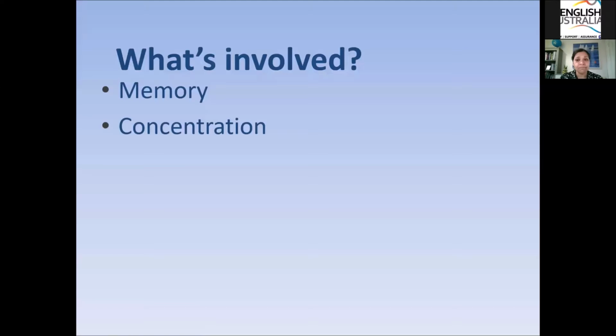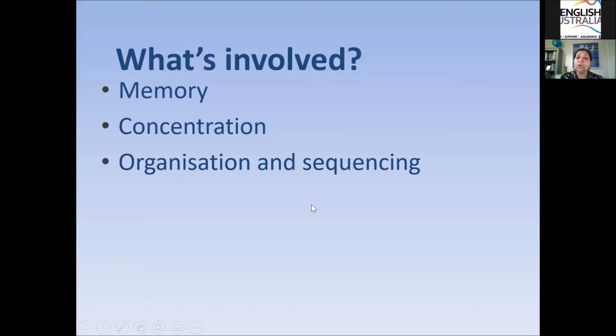Concentration, remembering how the word sounds, yep. Looking for patterns, using the meaning of the sentence. Wonderful. We're getting some of them. So we've got memory and concentration, organization and sequencing, obviously, to put the sentence in some kind of order here.